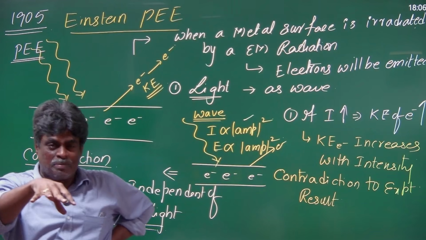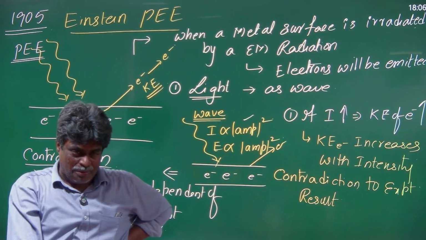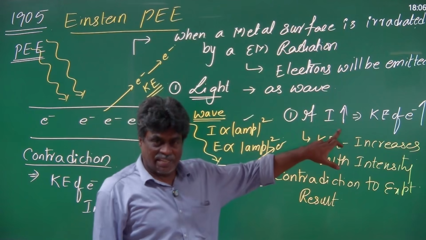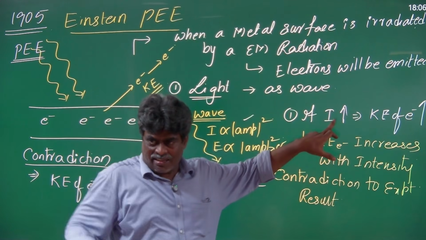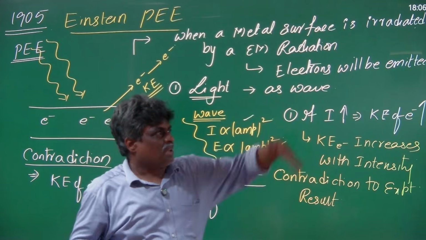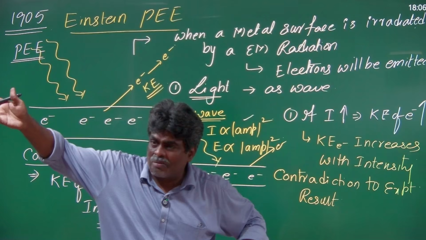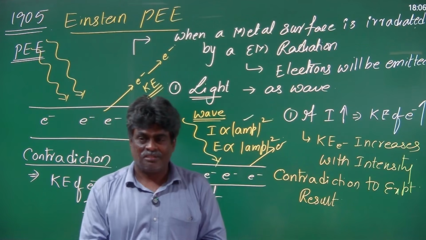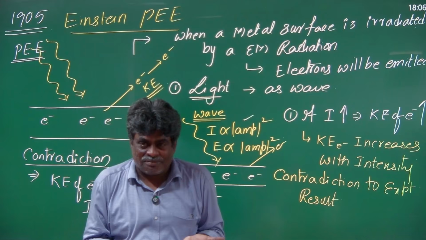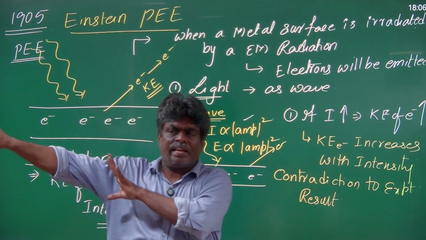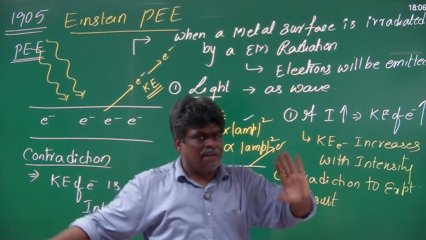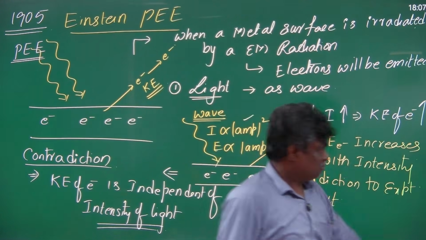If you assume light is behaving like a wave, it must satisfy this condition. If you increase the intensity, because you are sending high energy, definitely the ejected electron must have high kinetic energy. But that is not what they observe. What they observe: kinetic energy of the electron is independent of intensity of the light.